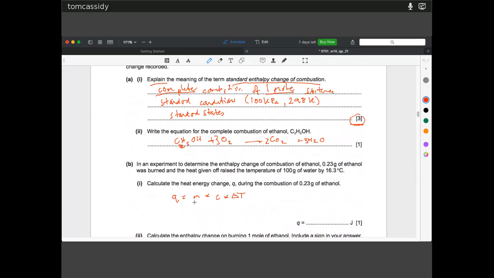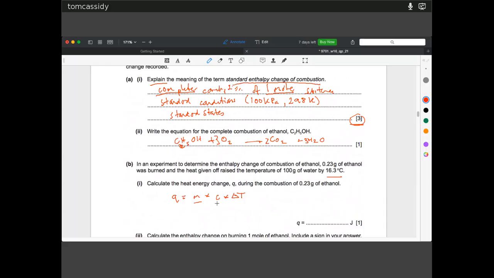The only thing you have to watch out for here is that you're measuring the temperature change in the water that's surrounding this calorimetry experiment. And so the mass is not the mass of ethanol, but the mass of water whose temperature has been raised. That's a point you have to watch out for in these kinds of questions.